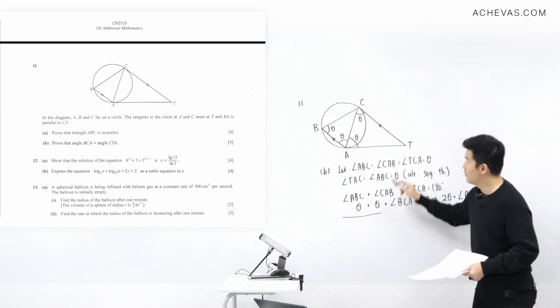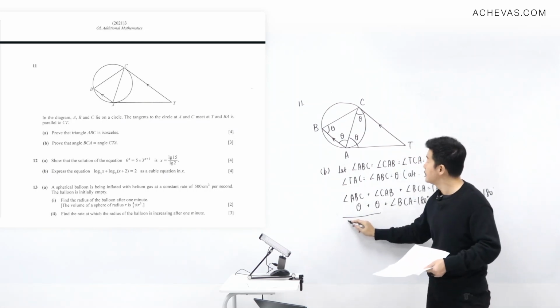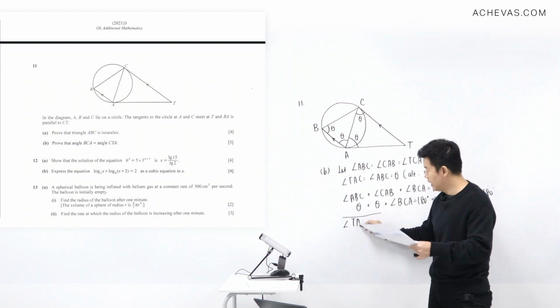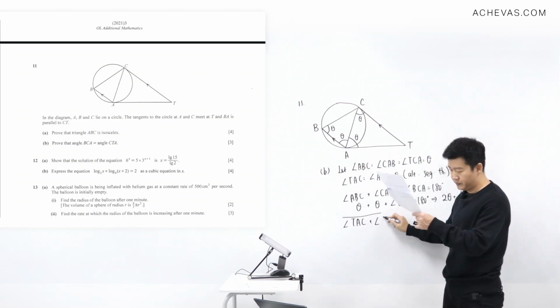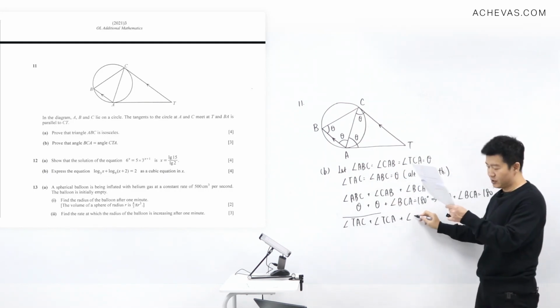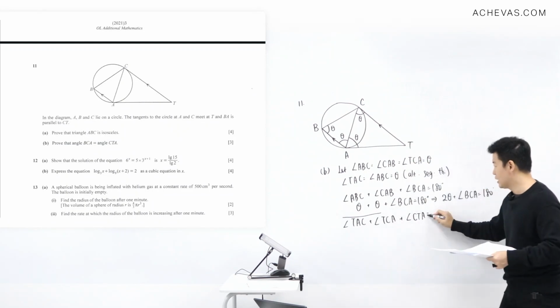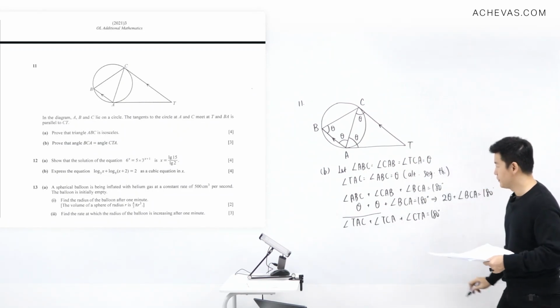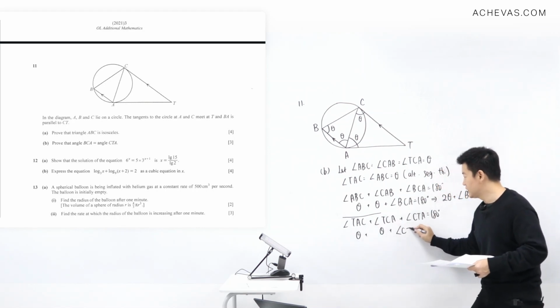And I'm going to do the same for this triangle here. So for this triangle, it is angle TAC, this angle, plus angle TCA, this angle, plus angle CTA, which is this angle. This is equal to 180 degrees. This is theta plus this is also theta plus angle CTA.